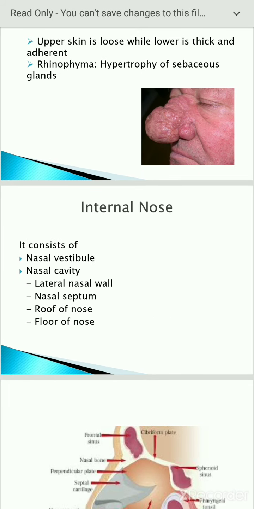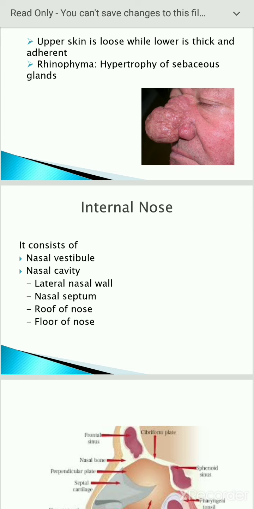After knowing something about external nose, we will see what nose is having internally. So internal nose consists of nasal vestibule and nasal cavity.